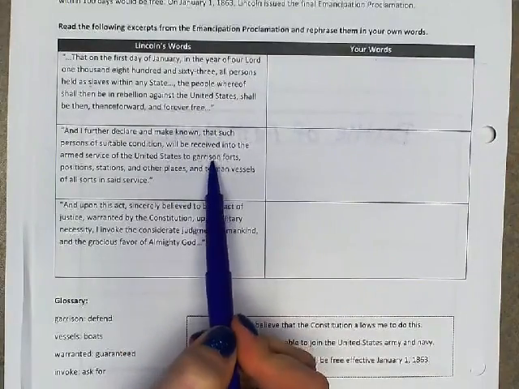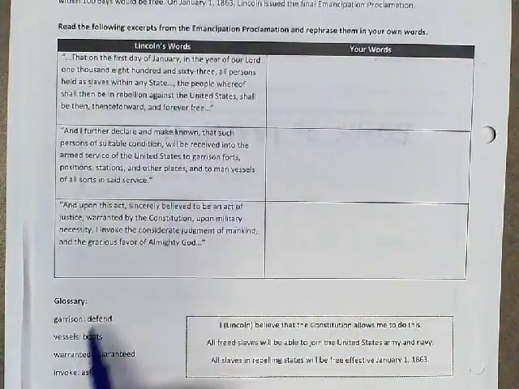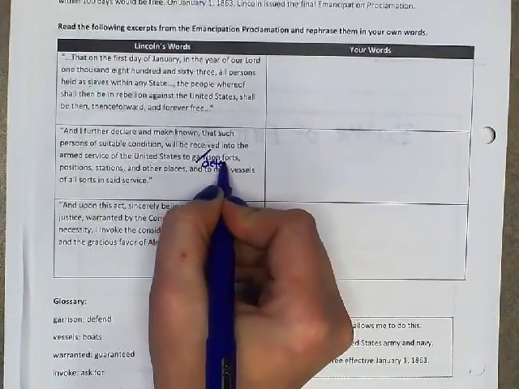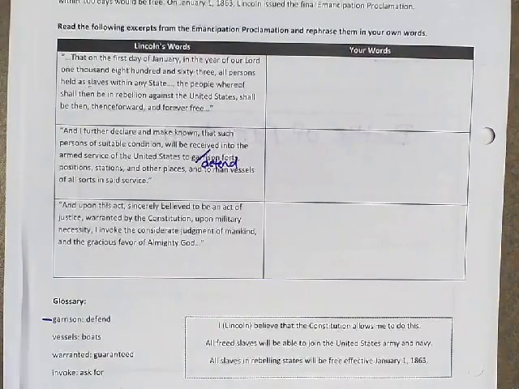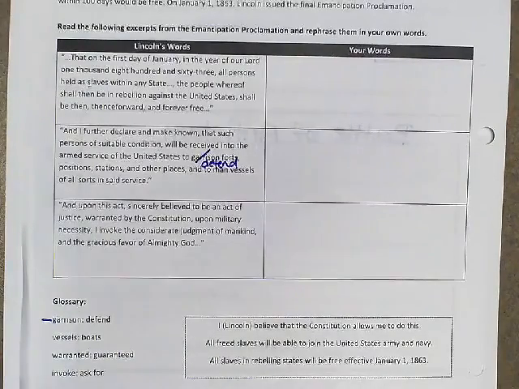So take a second and scan through here and find these words. So for example, garrison, I'm going to cross it out, and I'm going to write the word defend. So go ahead and find these other ones. Okay, so you can pause the video if you need more time.